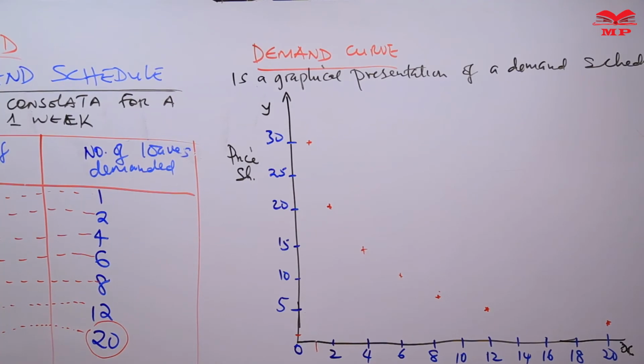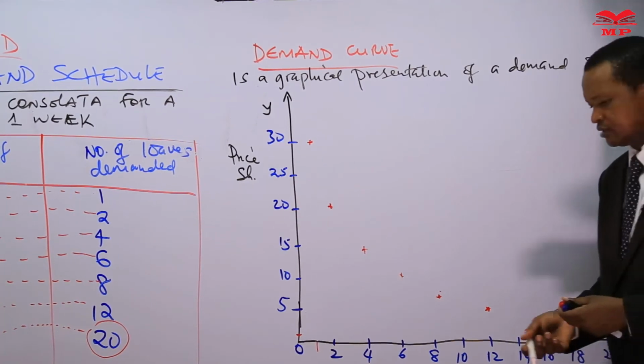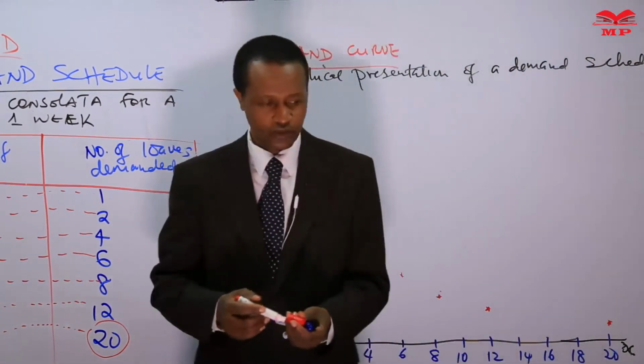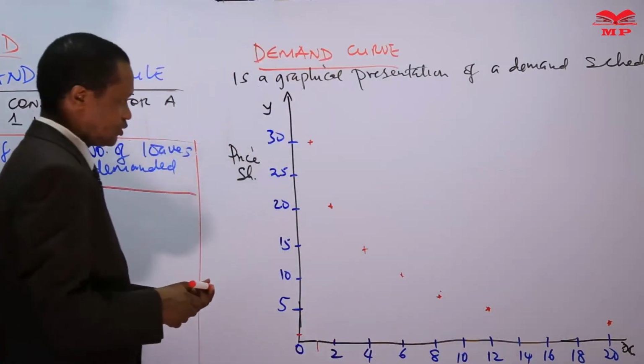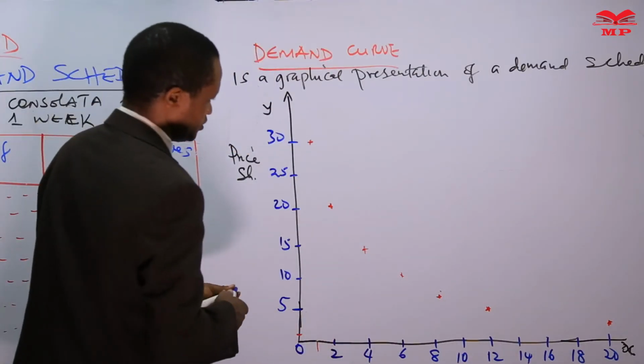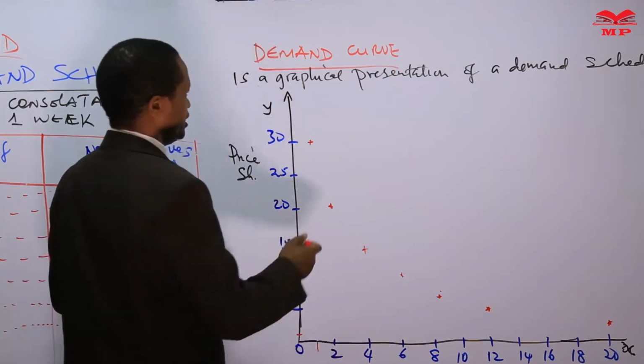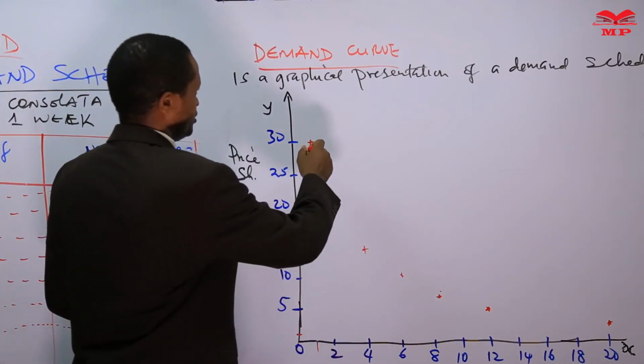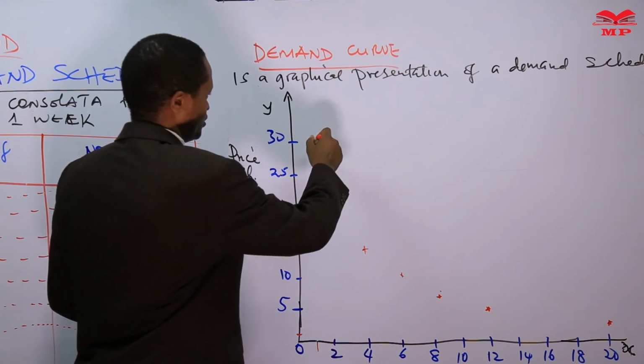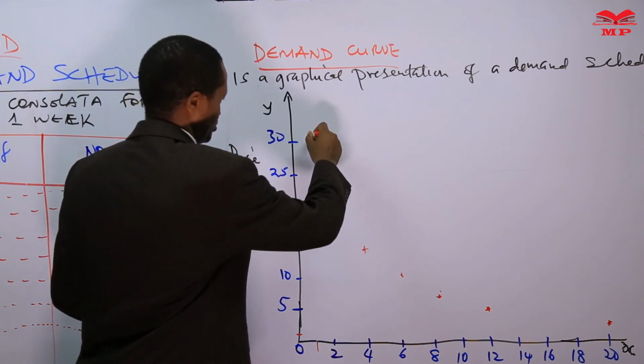All right. So those are the points on the graph. So we can now join these points and come up with a graphical presentation of a demand schedule.